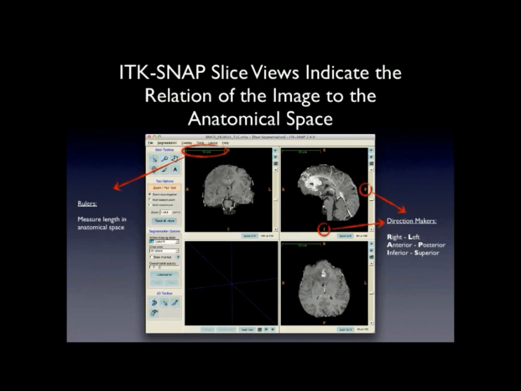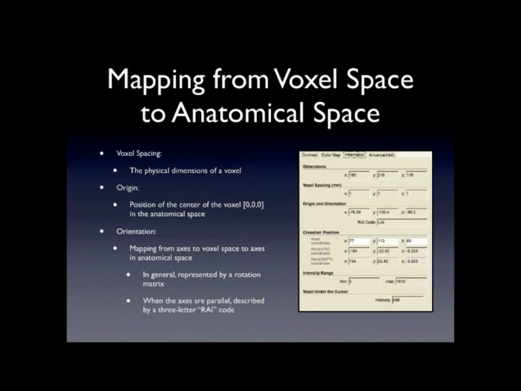These markers and rulers are only going to be correct if your image header has the right information. It reads the metadata from the image header, figures out how the columns, rows and slices relate to anterior, posterior, superior, inferior, right, and left, and then shows you those labels and also the distances. Sometimes that information is not correct in the image header, and we need to fix it.